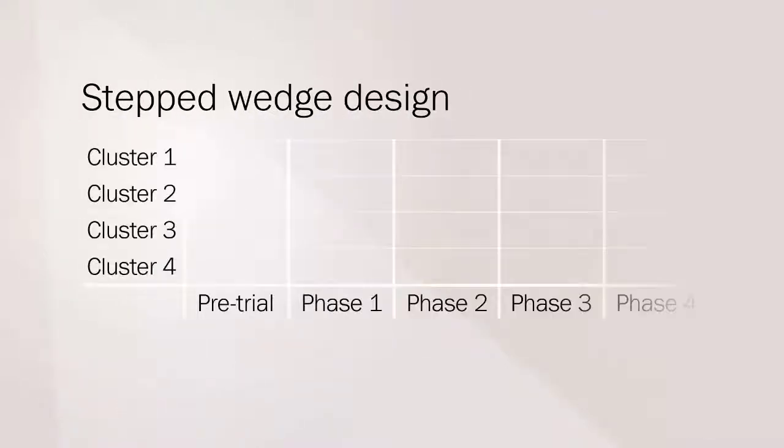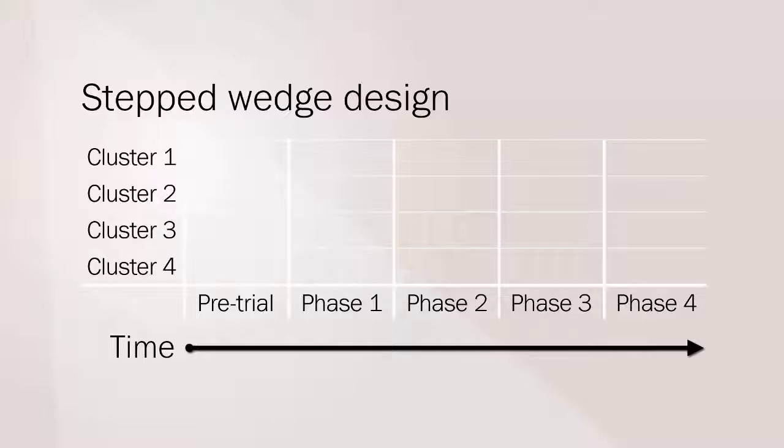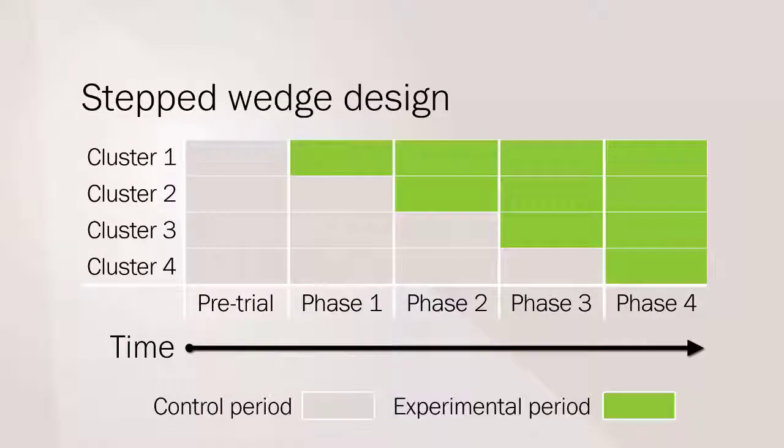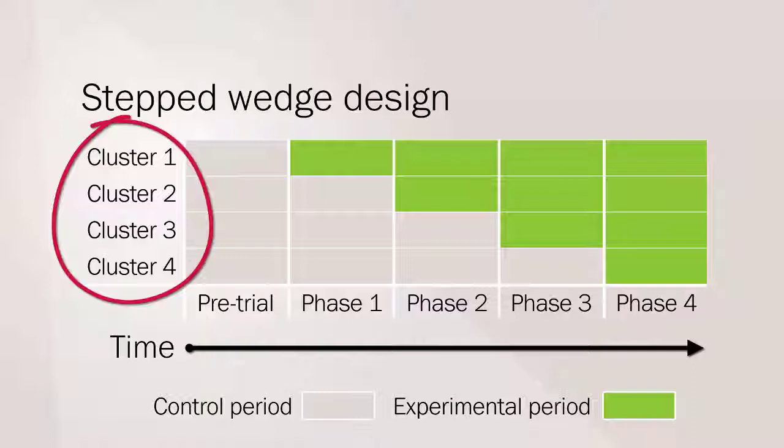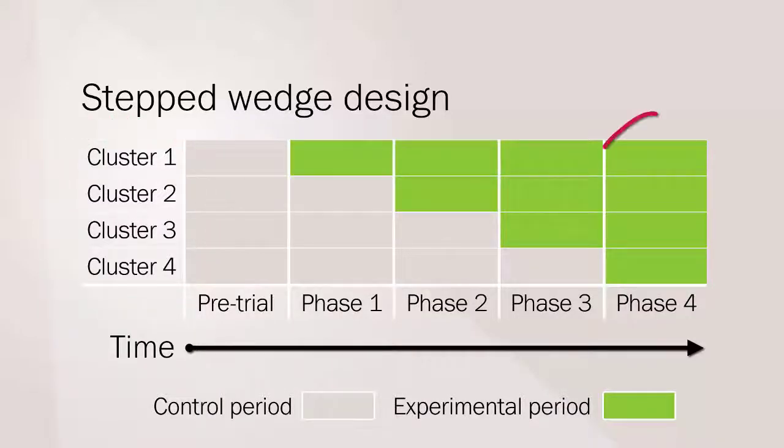Stepped wedge design. In the stepped wedge design, there is a phased introduction of the intervention on a group-by-group basis until the entire population is covered. This method is used in cluster randomized trials when it is ethically difficult to withhold an intervention which will be beneficial. For example, azithromycin treatment for trachoma.